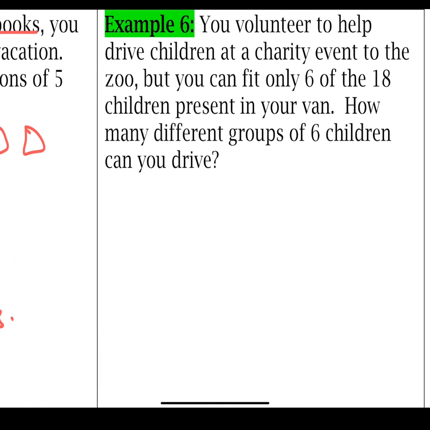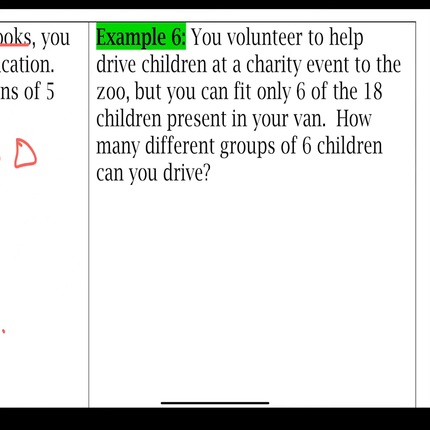You volunteer to help drive children at a charity event to the zoo, but you can fit only 6 out of 18 children in your van. How many different groups of 6 children can you drive? So you have all these 18 kids and you're trying to take them in a big van. From 18, you are picking 6. If the first kid goes first, the second kid goes, the order does not matter.